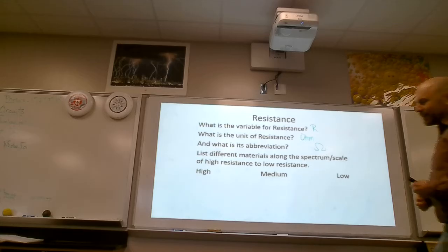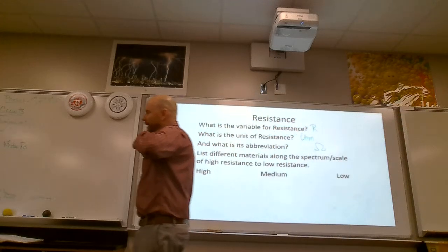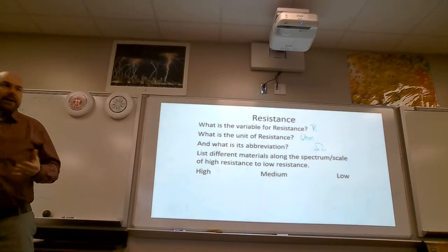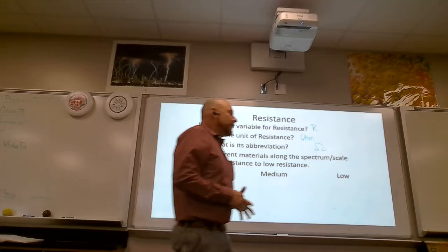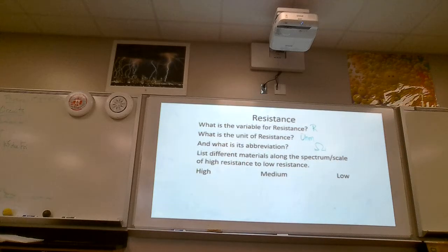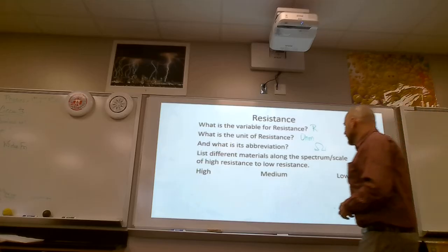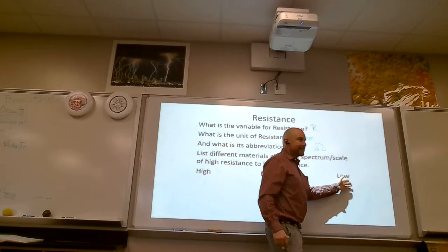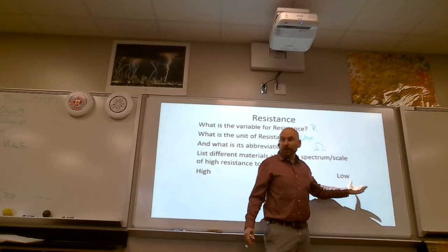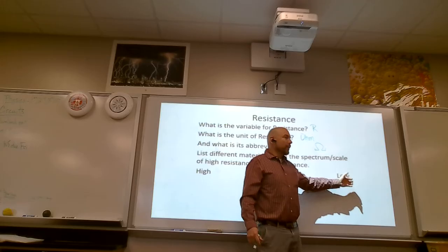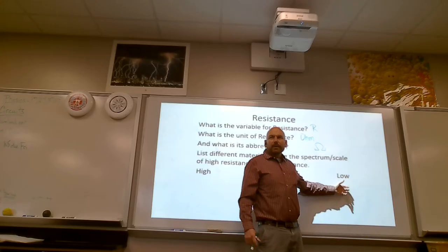Okay? So resistance, that speaks to insulators and conductors. In elementary school, they would say, okay, you've got a conductive box and you've got an insulator box. But in reality, it's a spectrum. Low resistance is a good conductor. Gold is a really good conductor.